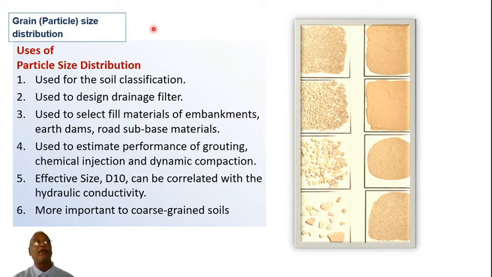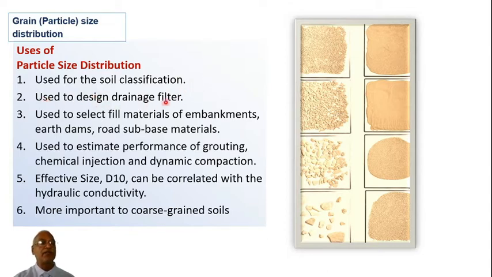Okay. Anyway, now what is the use of knowing particle size distribution? There are a number of applications or uses. We'll see them one by one. Particle size distribution is used for soil classification. Of course, we have a full-fledged classification chapter in which we are going to use the results of particle size distribution.